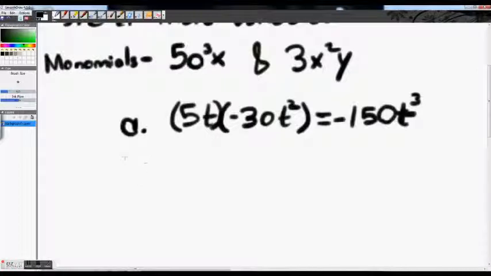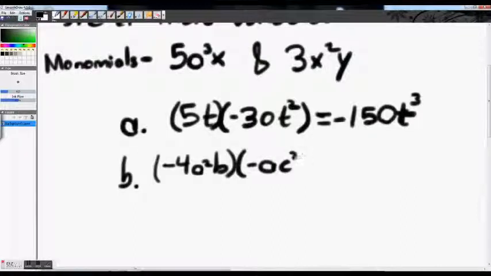Let's take a look at another one. Negative 4a squared b times negative ac squared times 3b squared c squared. Again, we're going to multiply together all the terms.